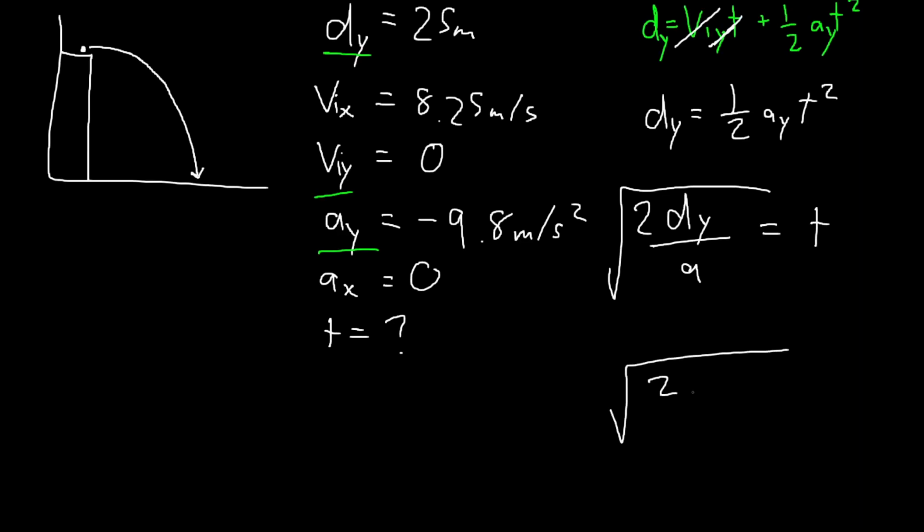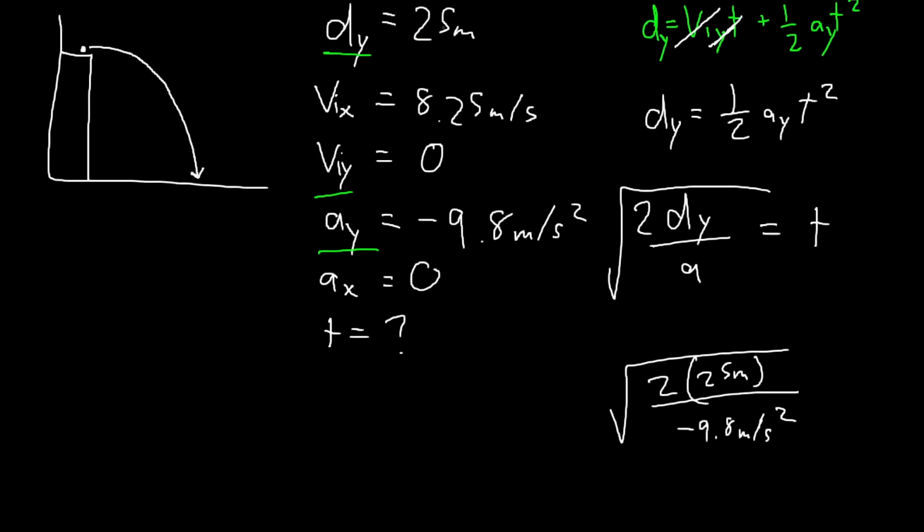Square root of 2 dy. dy is 25 meters. Let's put parentheses so that it's easy to indicate. And then ay is negative 9.8 meters per second squared. Looks like we have one small mistake here, and this is a good thing to take note of.